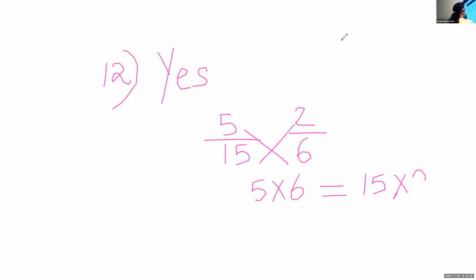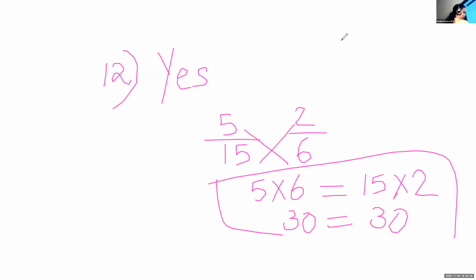What's the answer? 30 is equal to 30. If you want, you can write only these two steps. 5 into 6 is equal to 15 into 2. Ma'am, I only wrote 30 is equal to 30. Okay, this is a very short answer. And the question is, are the fractions equivalent? So it is a yes or no question. Okay.